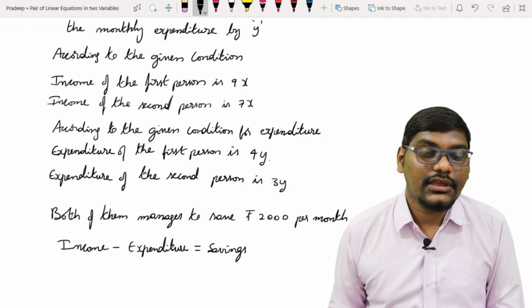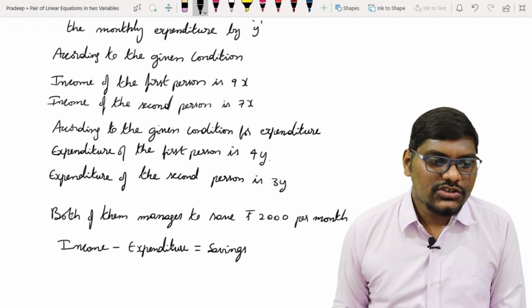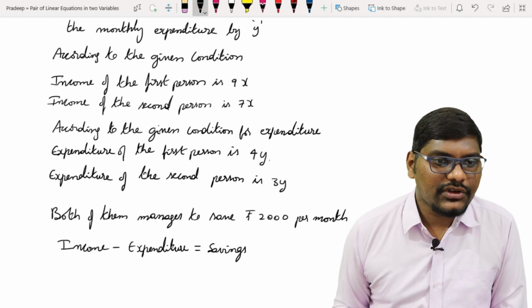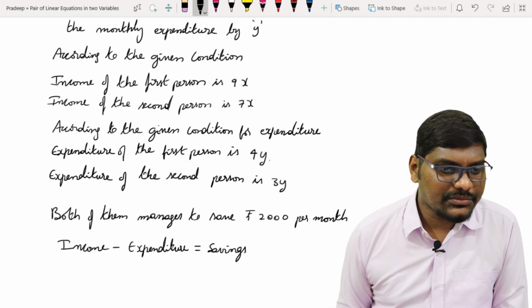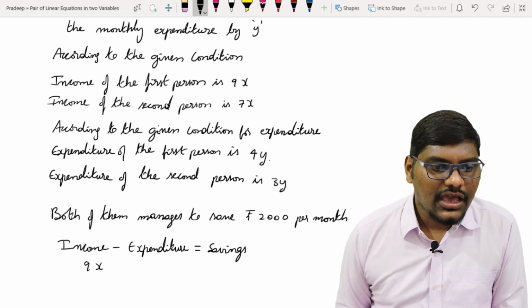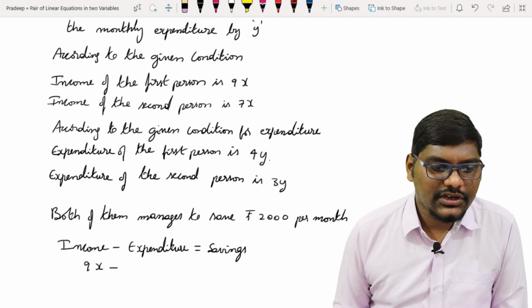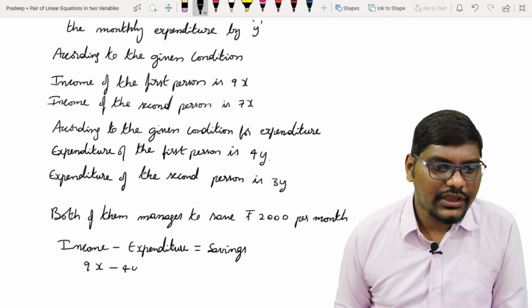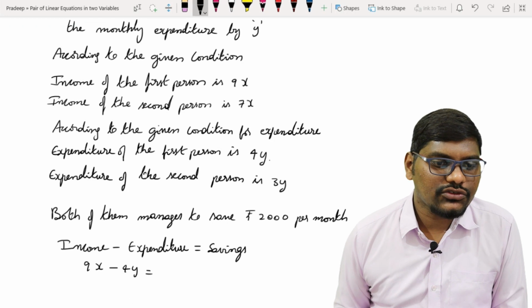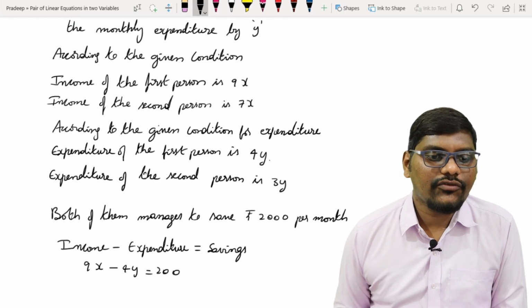This is a very simple thing, we can easily understand it. Income of the first person is 9x, and expenditure of the first person is 4y, so minus 4y. And what about the savings? It was 2000. So we got the first equation.